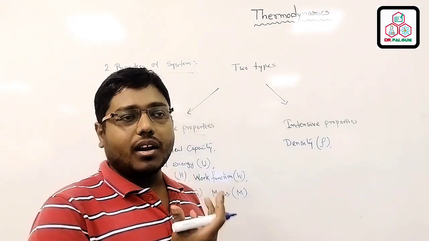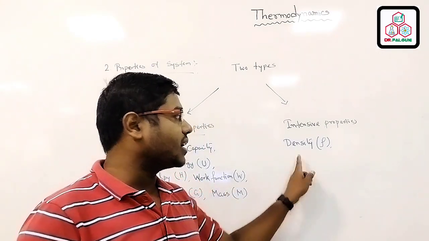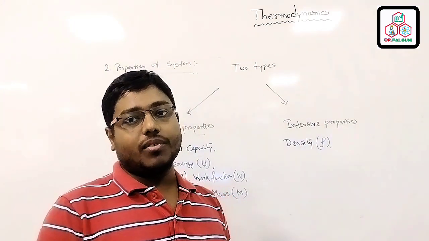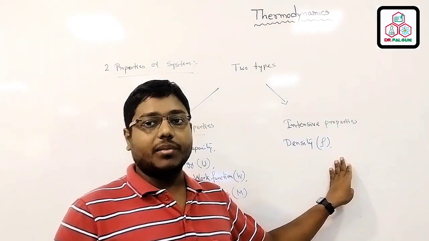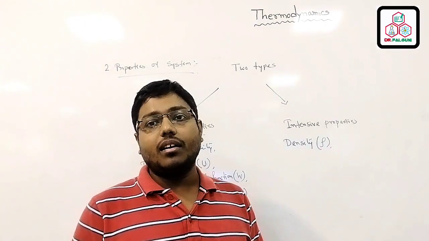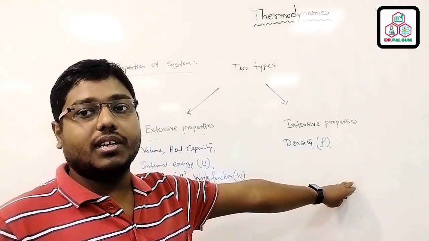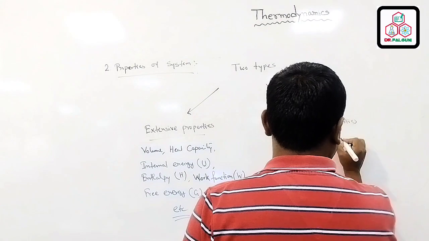If you take 1 kg of water, and 100 kilo of water, density is always the same. That means density does not depend upon the amount of the materials. That is called intensive property. Okay. So density, another is the temperature.